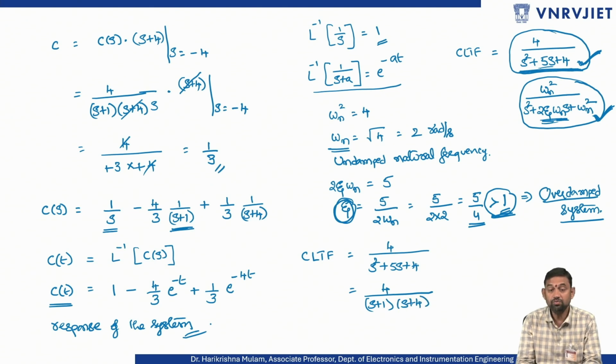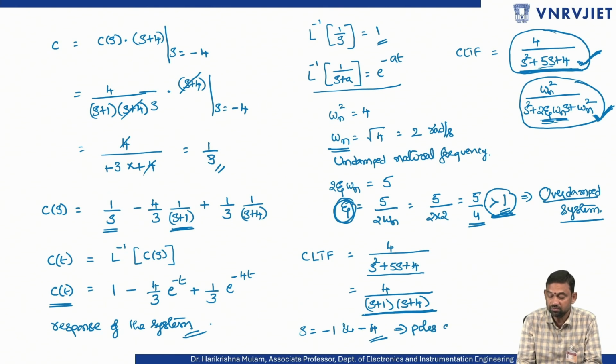The roots of the denominator polynomial are s equal to minus 1 and minus 4. The roots of the denominator polynomial are also called the poles of the system.